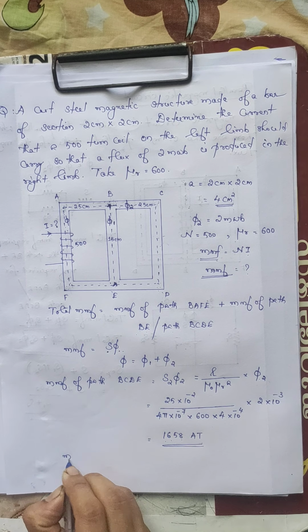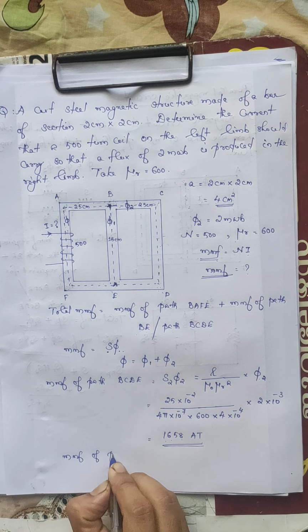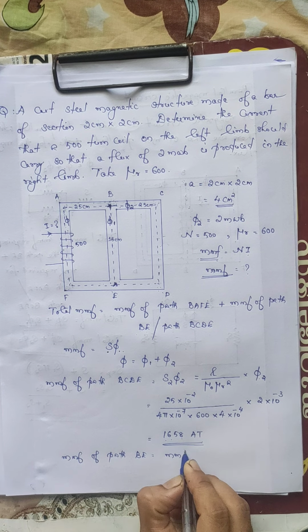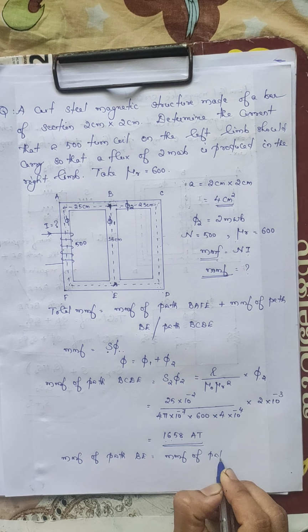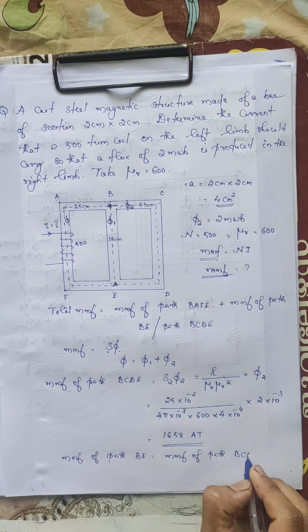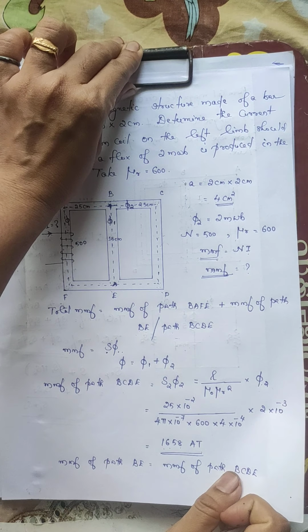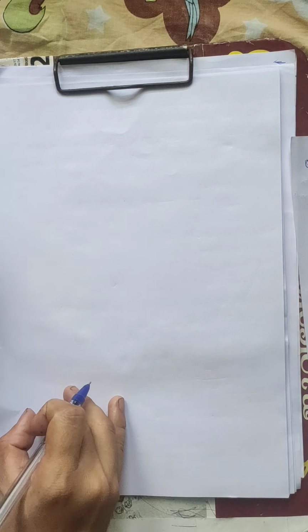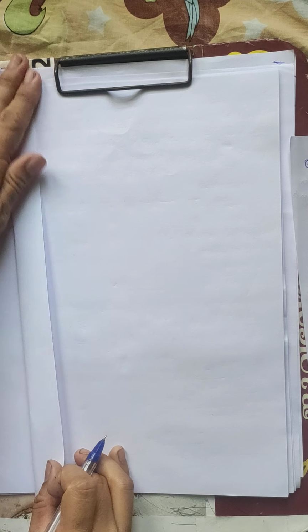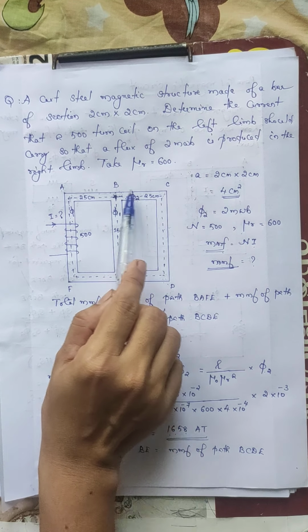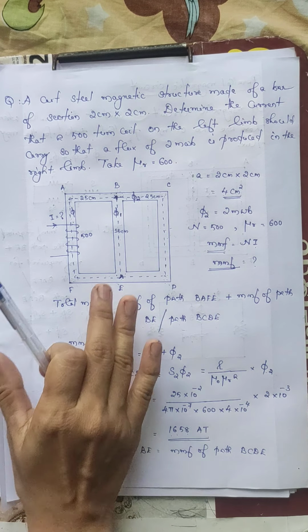So we can write MMF of path BE is equal to MMF of path BCDE. Okay, so let us equate these two MMFs. MMF of path BE is S1 into phi 1, and that of BCDE is S2 into phi 2.